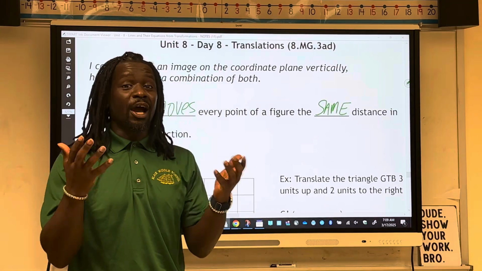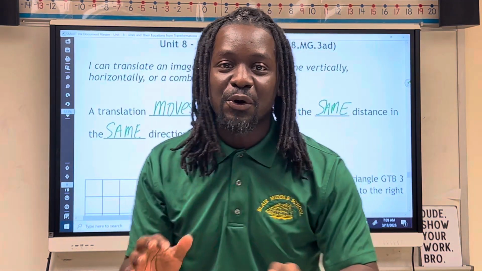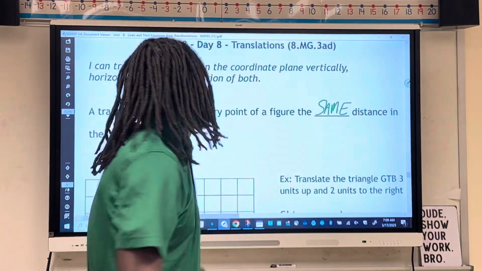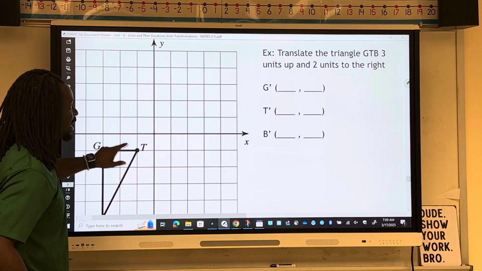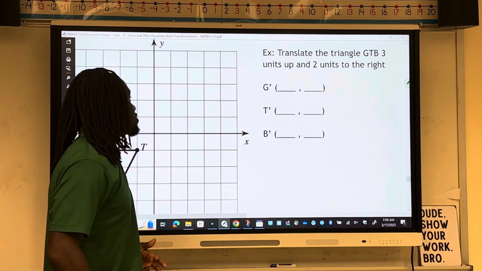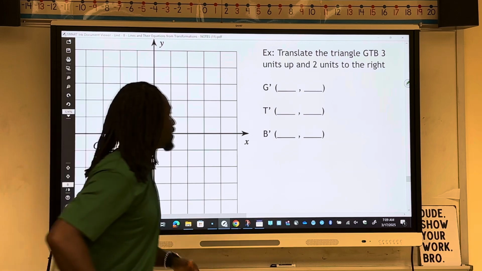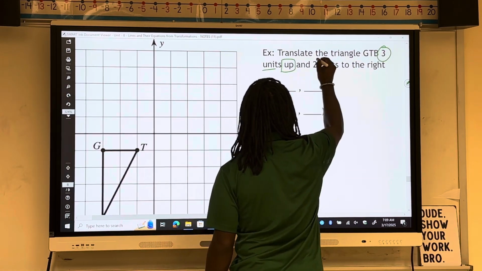If you can count today, you are going to have no problems translating figures on the coordinate plane, all right? So let's look at the first example. It says translate the triangle GTB 3 units up and 2 units to the right. The first thing I want to do is make note of my rule.